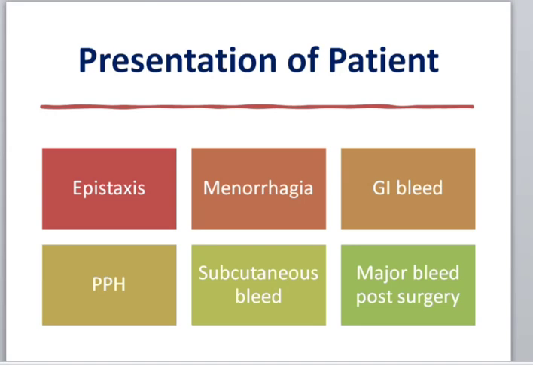If you go to the past papers of FRCPath, you may have seen many patients with acquired von Willebrand syndrome having GI bleed in the form of Heyde syndrome, aortic stenosis plus gastrointestinal angiodysplasia. So this is called Heyde syndrome. These patients usually have low von Willebrand on von Willebrand screen testing. And then they ask you how to manage this patient.